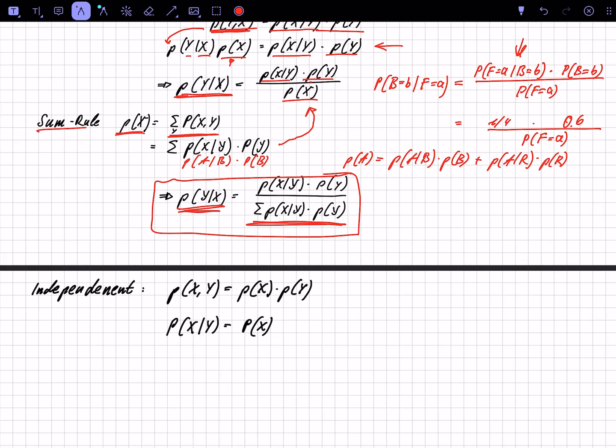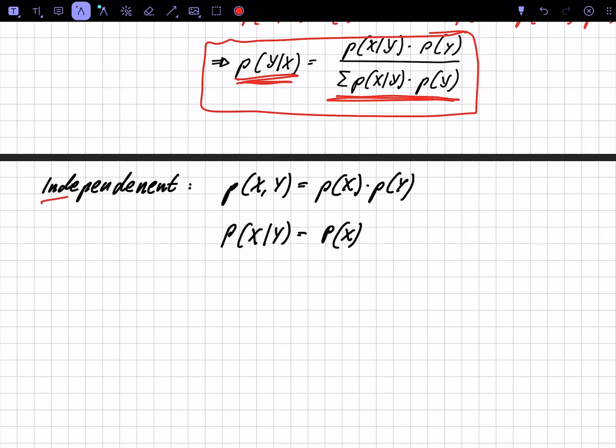And the last thing that we have to touch on is the independence of two variables. We define independence of variables if the probability of x and y is the same as the probability of x times the probability of y. And of course, the probability of x given y is the same as x because y does not influence the probability of x.